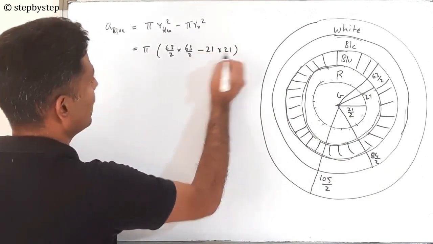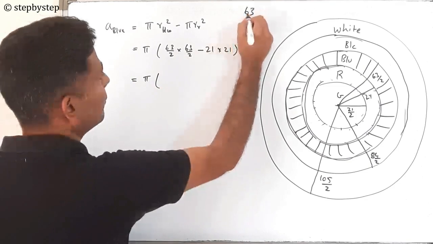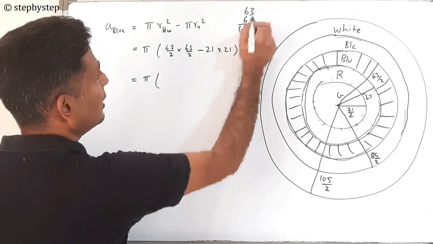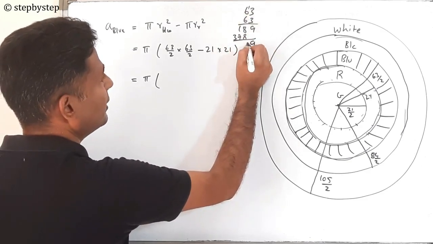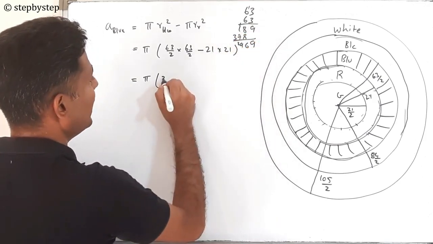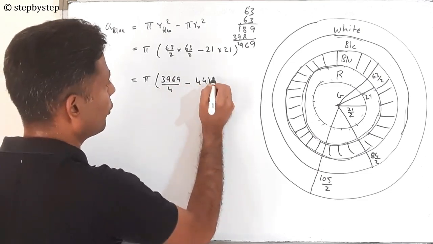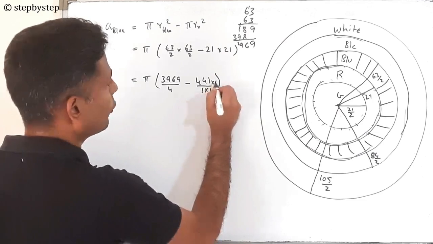into 21. So we get pi into, now 63 into 63, we have to do it. 3 3s are 9, 18, 18 1, 36, 37. So 9 6 1, 9 3 9, 6 9. So we get 3969 by 4 minus 21 into 21, 441. Again, by 1 and into 4 to take the LCM.